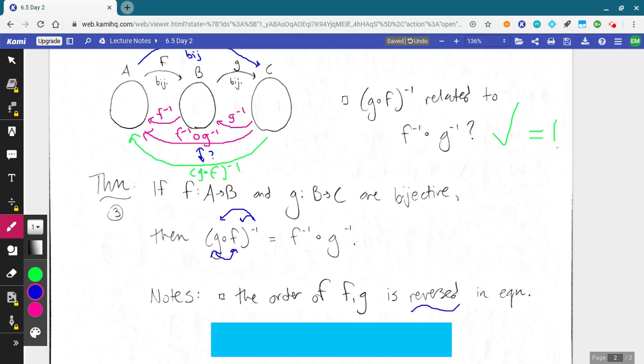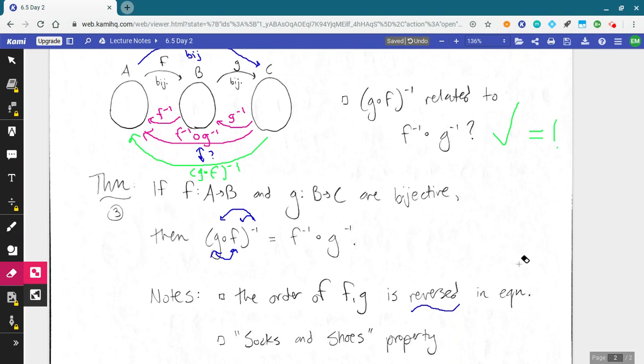And I claim that this makes a lot of sense if we think about an inverse function as a function that somehow undoes the original function. Thinking about it this way, this theorem is sometimes called the socks and shoes property.